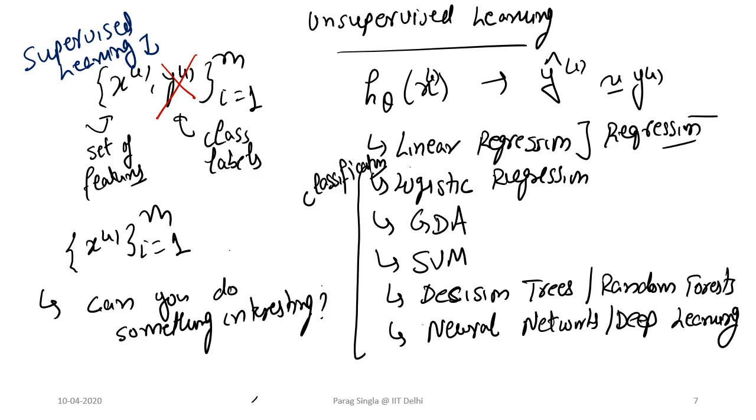Even when yi's are not given to you, can you do something interesting is the question that unsupervised learning tries to answer. We will see that in fact the answer is a big yes. Even if yi's are not available, you can do some very interesting analysis and things with the data that is given to you, even in the absence of supervised labels. So let's look at some of these techniques in the next slide.